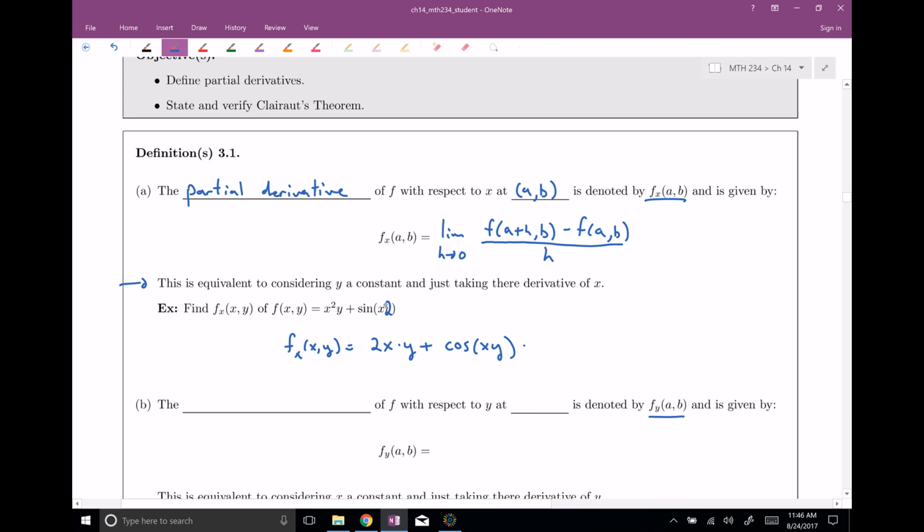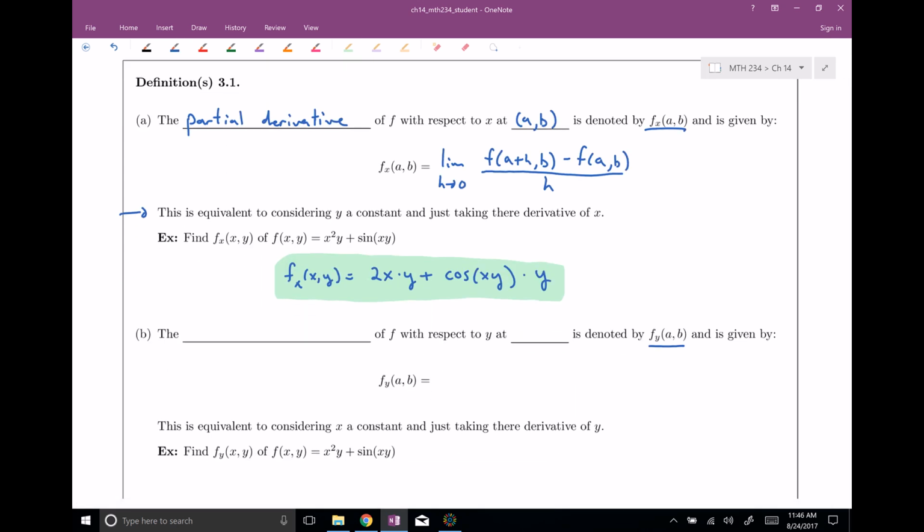If I was to take the derivative of 2x, you would say the derivative is 2. So I want to multiply by the derivative of the inside, and this is going to be times y, because again, y is constant in this case. I'm taking the derivative with respect to x, and it might as well just be 2. If I asked you the derivative of 2x, you'd say 2. So if I ask you the derivative of yx, well, it's y. So there's my final answer. You can see that these will be very quick. We won't have to use the limit definition, but it does take a little bit of practice.